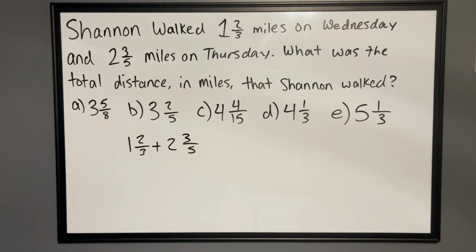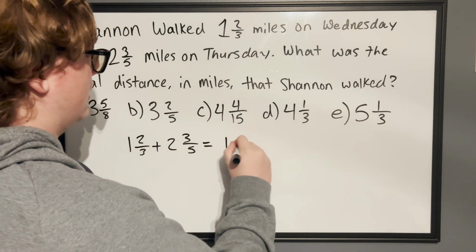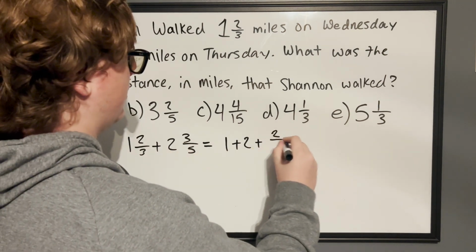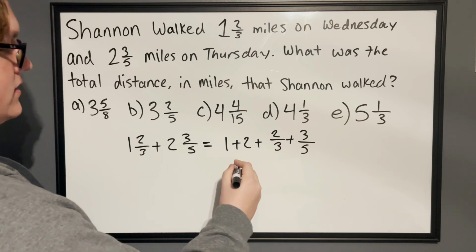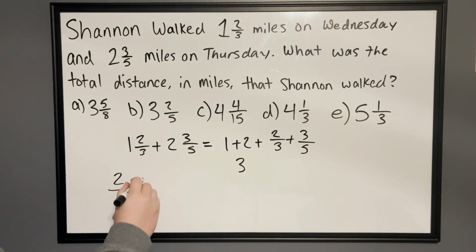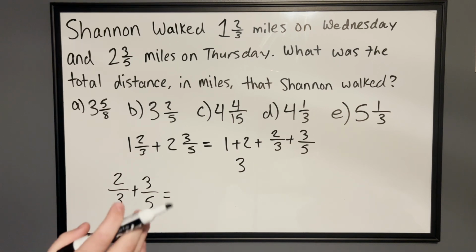So the way I like to do this is first we're going to split up the 1 and the 2. So this is equal to 1 plus 2 plus the fractions, 2/3 plus 3/5. We know this right here is 3. So now we just need to worry about what is 2/3 plus 3/5. Now, because we're doing the ACT, I'm not going to write the whole thing out, but just know that we're going to use what's known as the butterfly trick here.